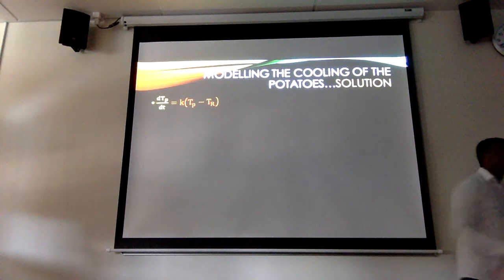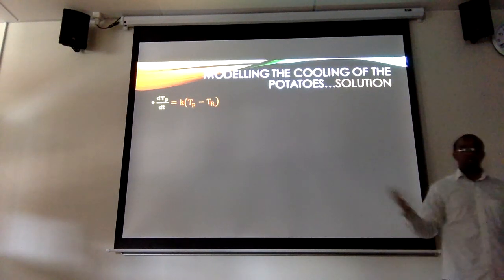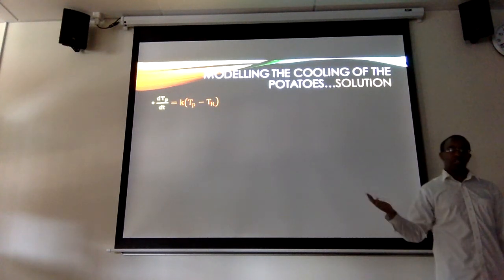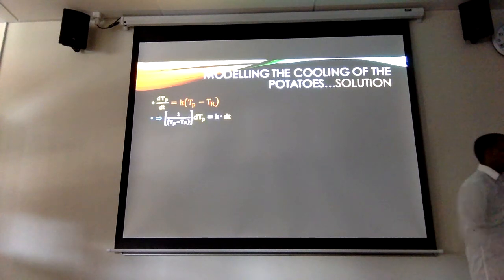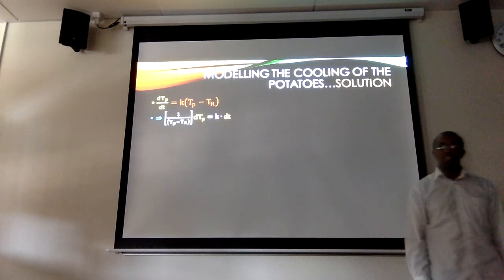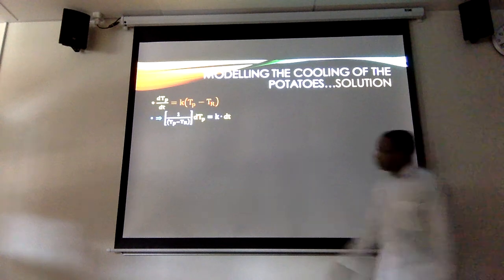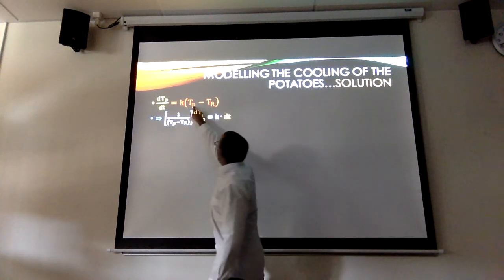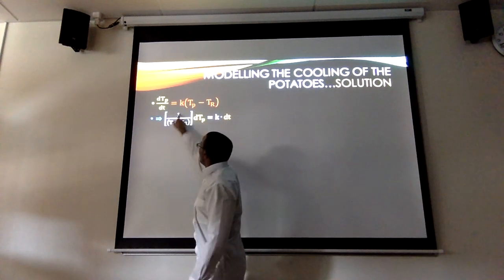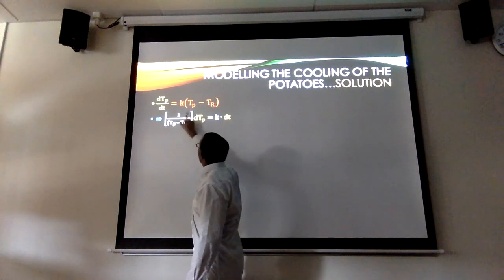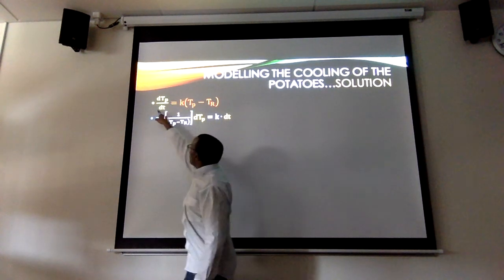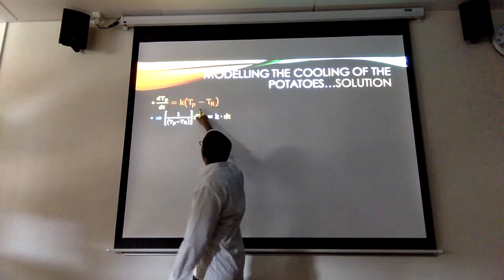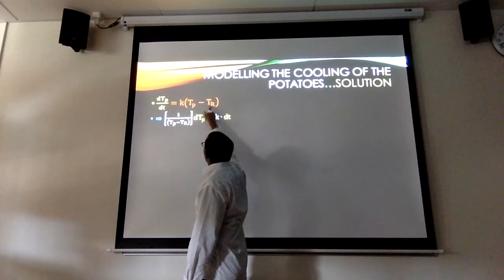Okay, and then next we solve the differential equation. The first step is to separate the variables. So you take this quantity here to the other side, dividing both sides by Tp minus Tr.